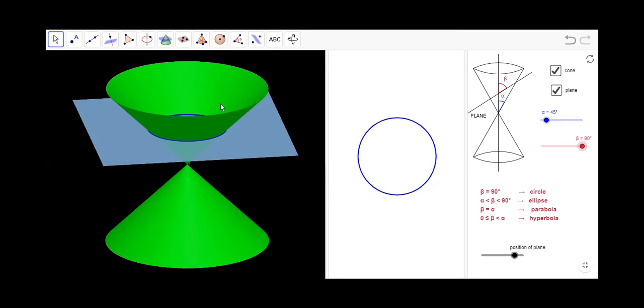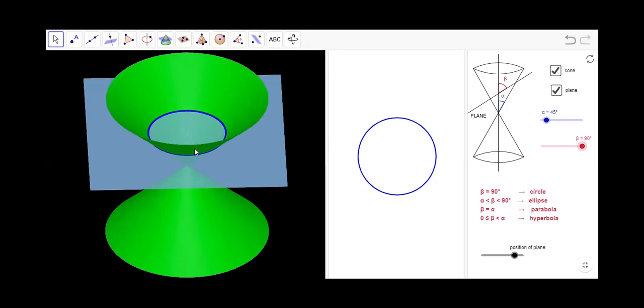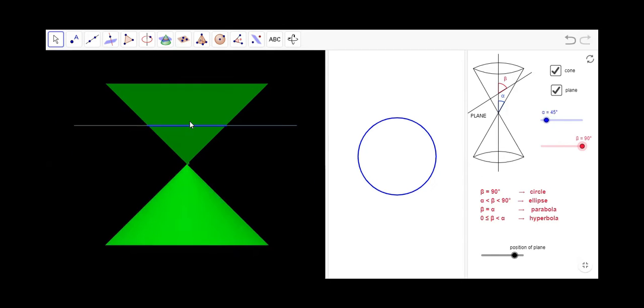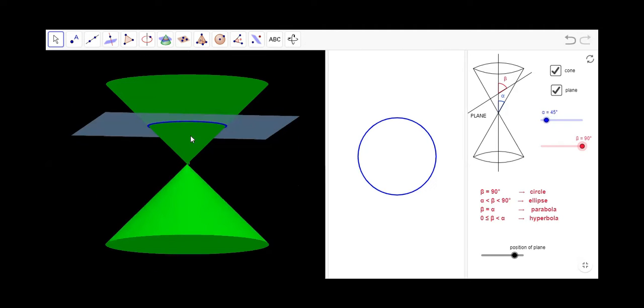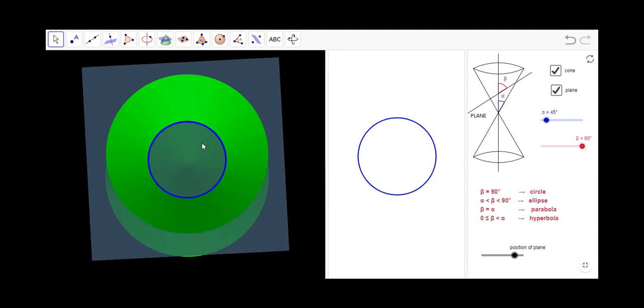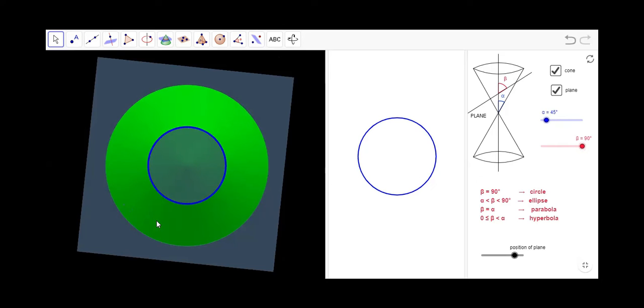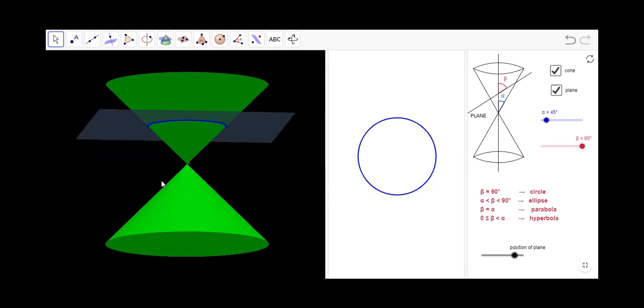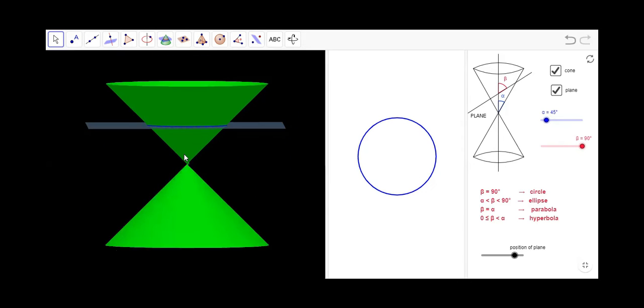Kanina, di ba, nakita nyo doon sa illustration ko, meron tayong line in the middle of the double-napped right circular cone that is acting as our cone axis. So kung perpendicular yan, meaning straight na straight yung inyong plane sa pagkakatabas niya doon sa conic, you will be having a circle. Makakabuo ka po ng circle. That would be exactly 90 degrees, perpendicular yung cut.